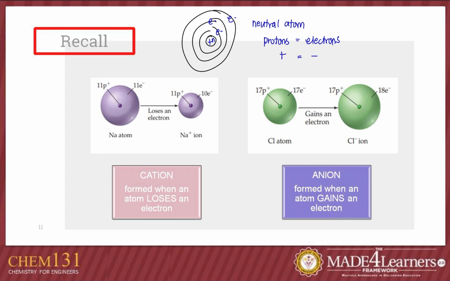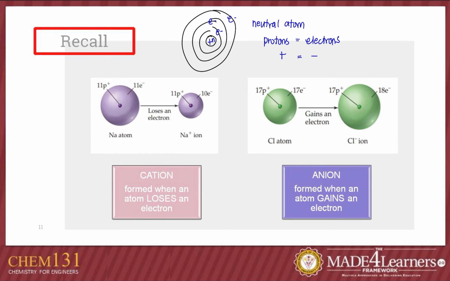In the figure, we see a sodium atom, and a sodium atom has 11 protons and 11 electrons. Why 11? If you look at the periodic table, the atomic number of sodium is 11, and the atomic number represents the number of protons in the atom. The number of protons in an atom can never be changed. So there are 11 protons and 11 electrons, meaning this is neutral.